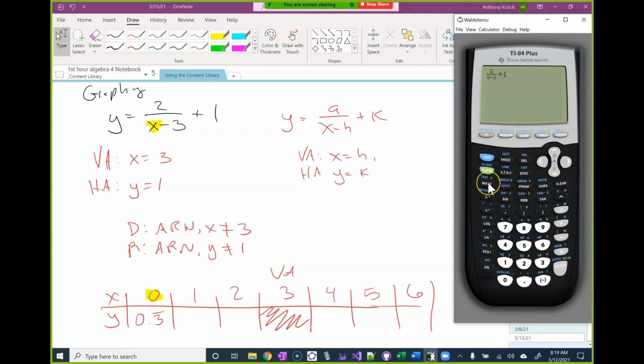To make sure I'm getting a decimal, because I'm going to want to plot this and it's easier to plot with decimals rather than fractions, I press the math button and choose the decimal option, then press enter. So there's my 0.3. Now to get my next one, I'll do the same thing and enter a 1 instead of a 0.